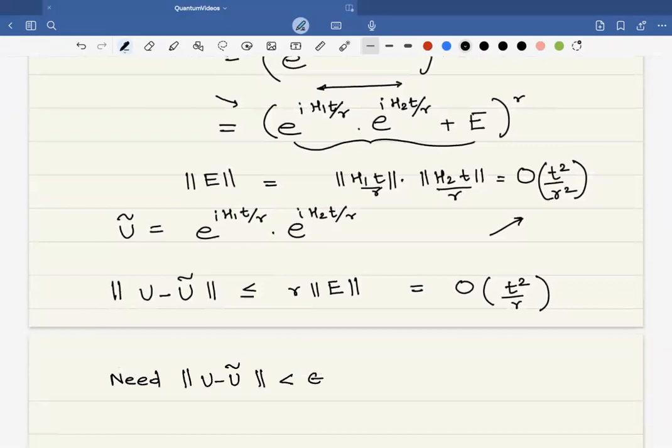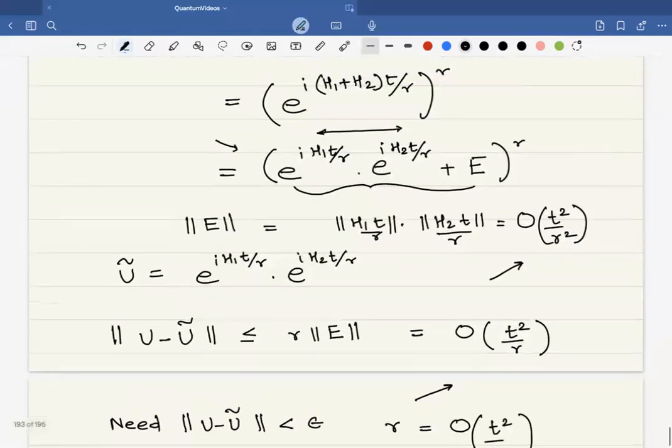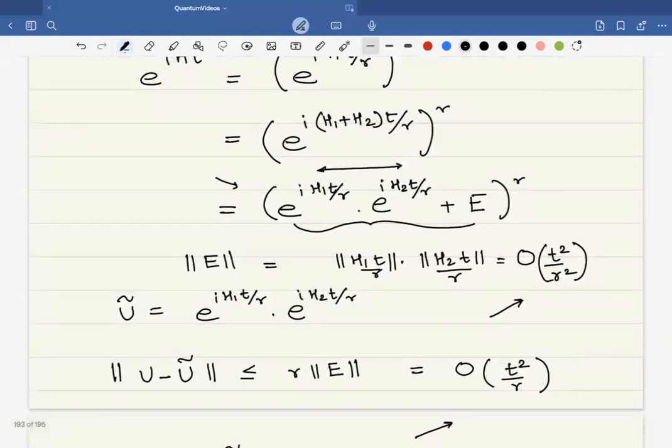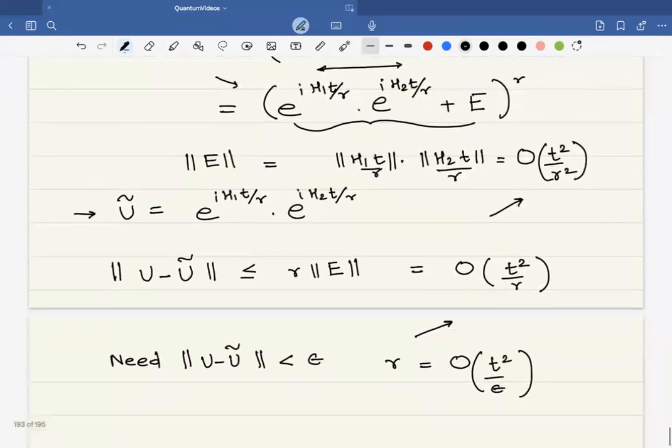So from this you get r should be of order t squared over epsilon. If I take r to be of order t squared over epsilon, then we should be able to get this approximation U tilde to our evolution U to be less than epsilon.